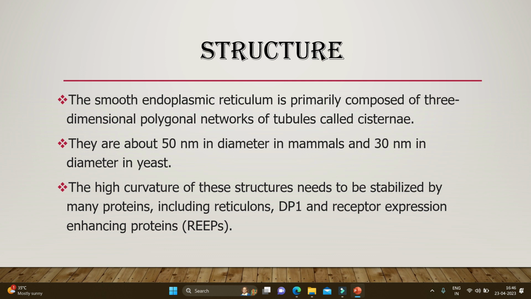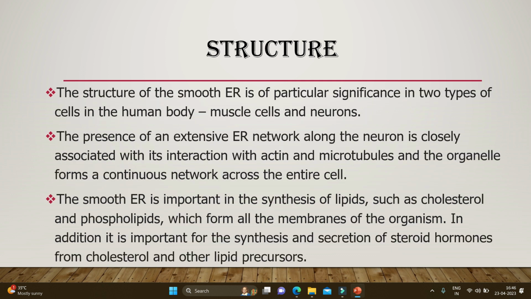The high curvature of these structures needs to be stabilized by many proteins, including reticulons, DP1, and receptor expression enhancing proteins. The structure of smooth endoplasmic reticulum is of particular significance in two types of cell in the human body, muscle cells and neurons.